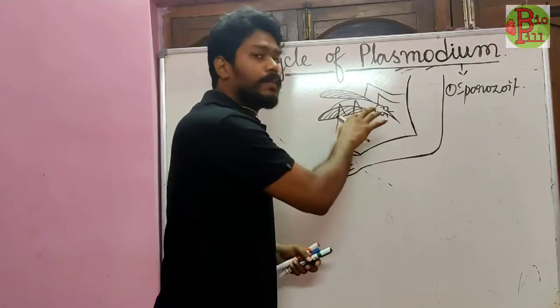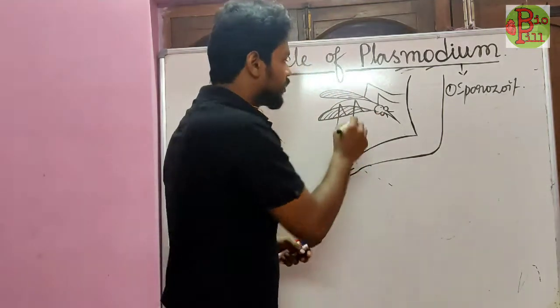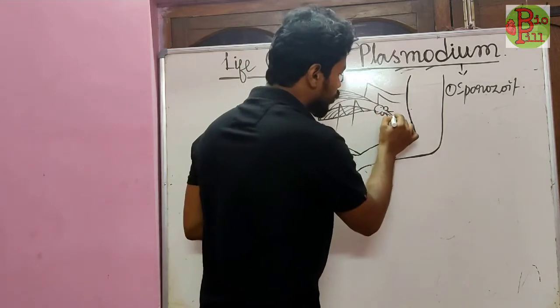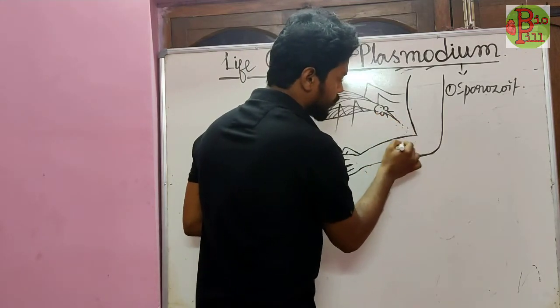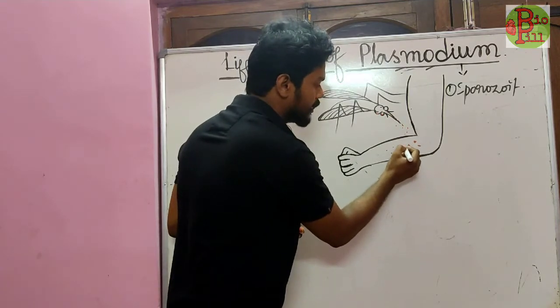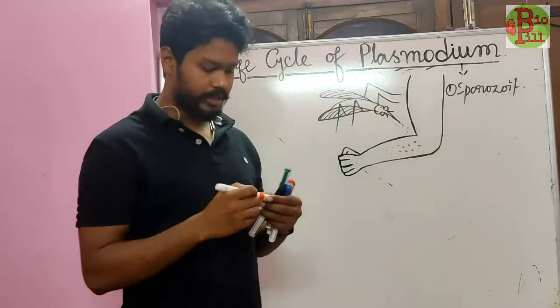Whenever this mosquito bites any normal person, the sporozoite phase will transfer from the mosquito to this normal person's blood. Okay. Now these sporozoites are inside the normal person's circulatory system, or blood.